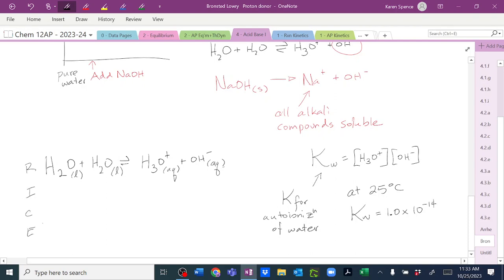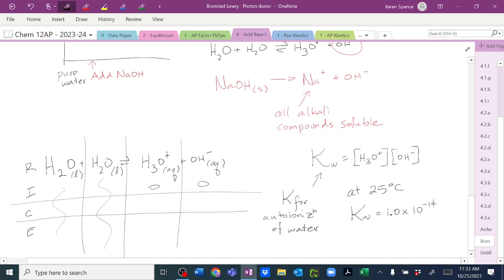R-I-C-E. Initially, let's just assume we created water out of nothing. So initially, what are the original concentrations of hydronium and hydroxide? If we just created water, they're 0.